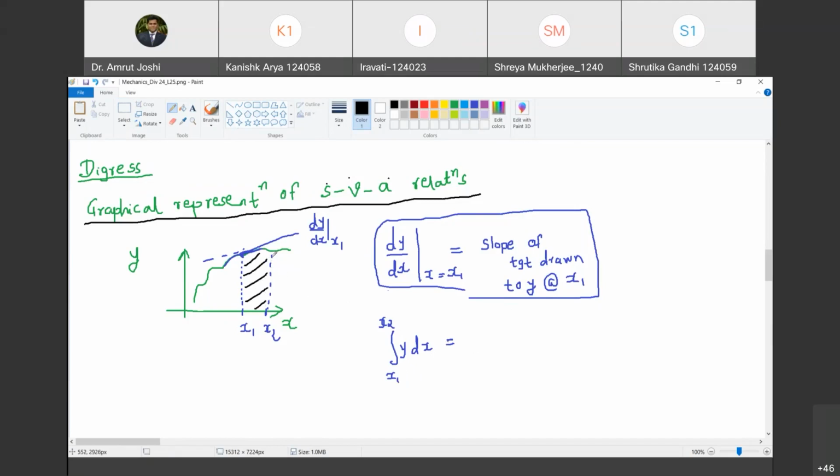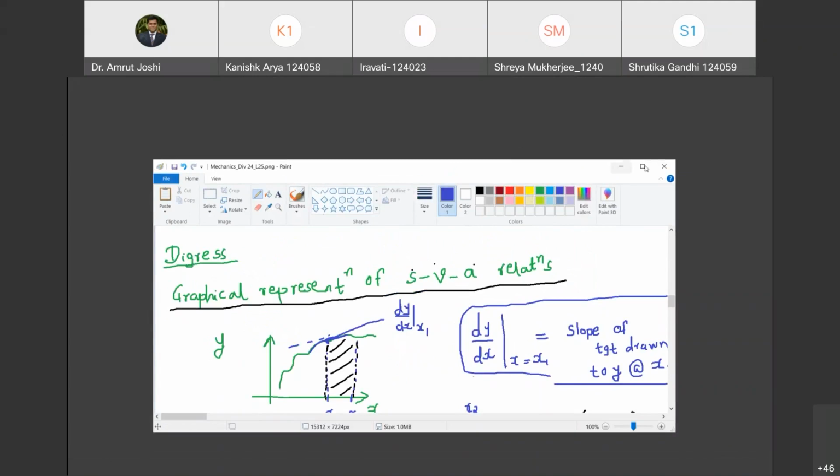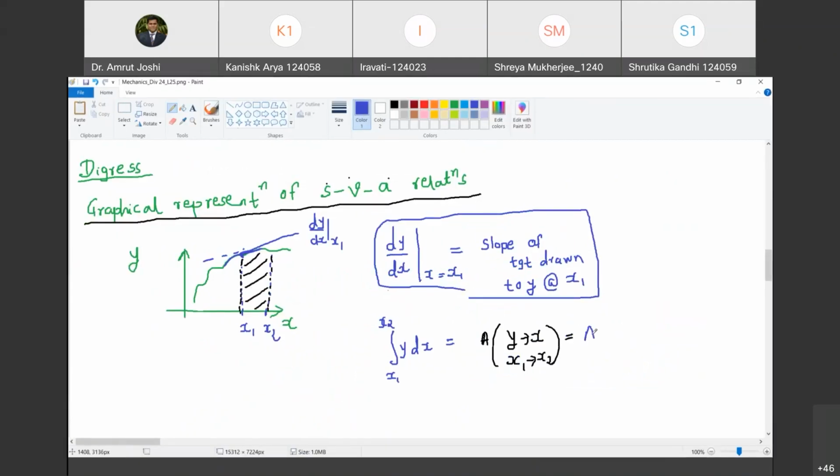We have already learned in our 11th or 12th standard integration lessons that integration of a function y of x from x1 to x2 gives me the area under the y-x curve from x1 to x2. Do you agree with me? Yes, sir. I will denote that area as the shaded area here. So I can also write this as the area of the shaded portion. Are you with me? Yes, sir.